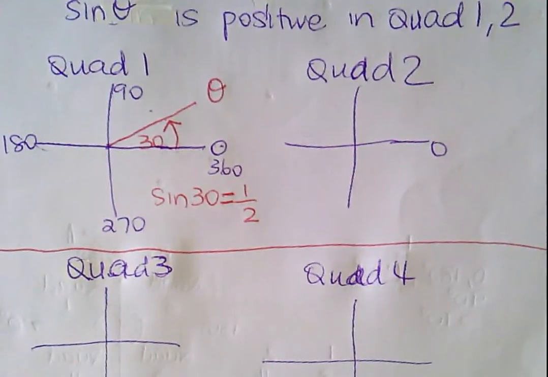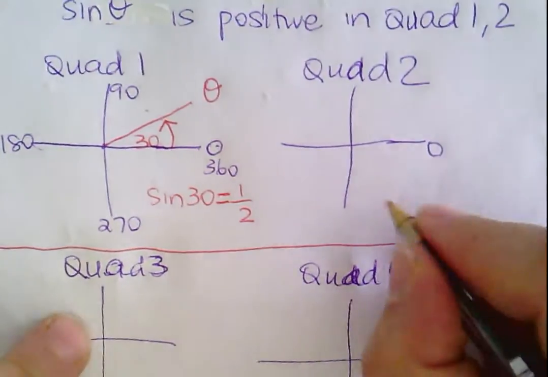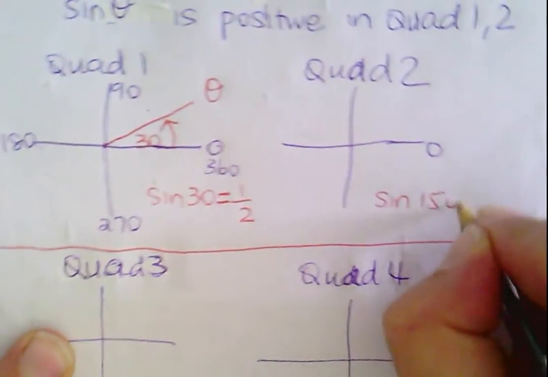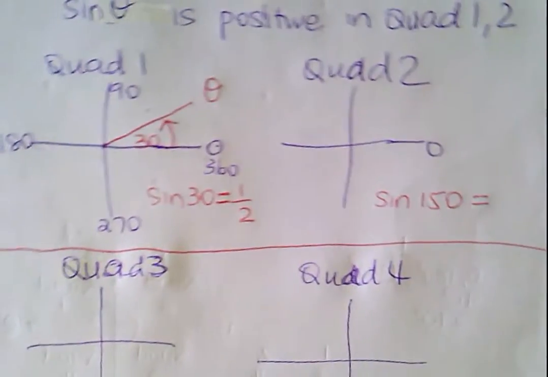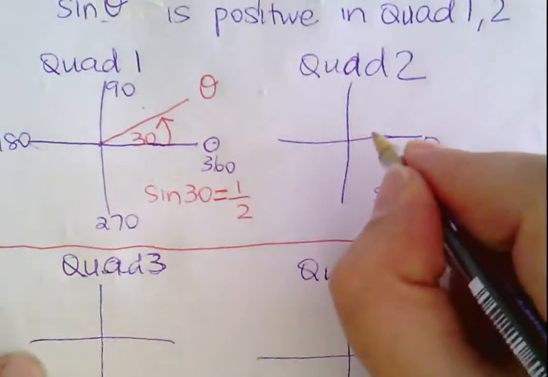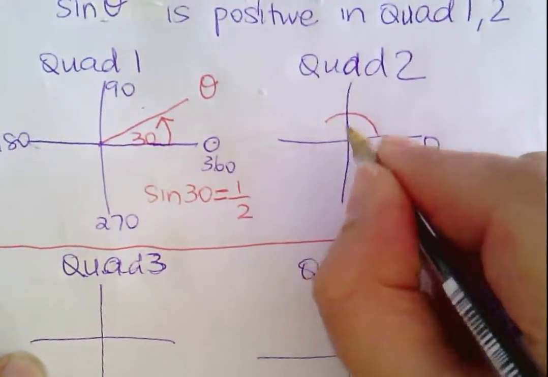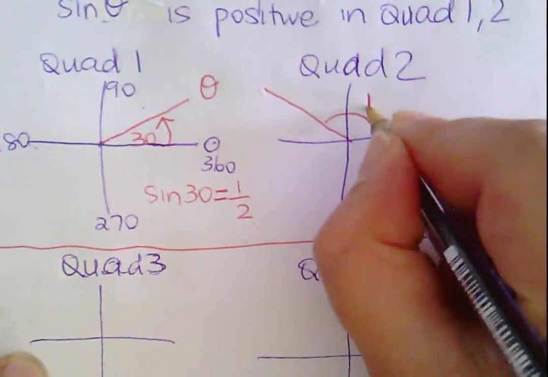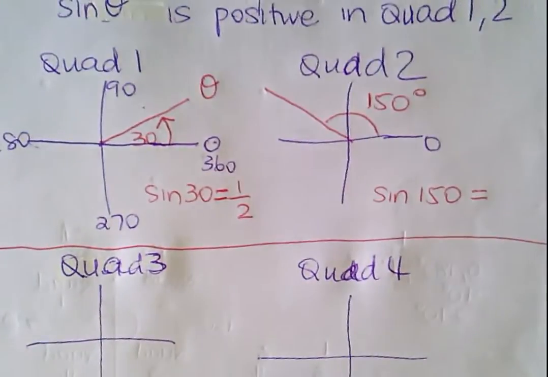Quadrant 2, I might ask you to work out sine of 150. So for quadrant 2, sine 150, I start from here and I go 150 degrees. Now, if I go 150 degrees here, what's left over? 30.